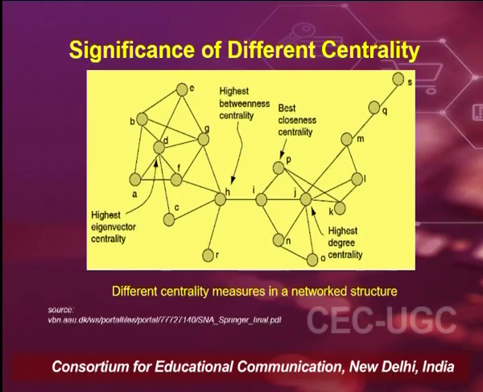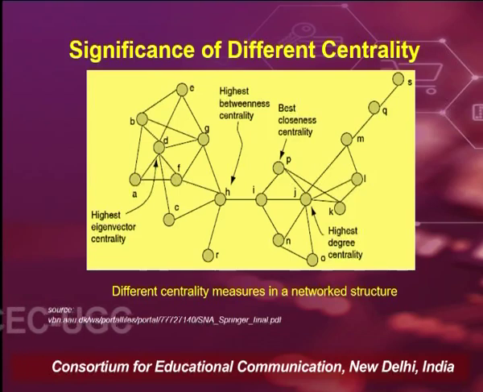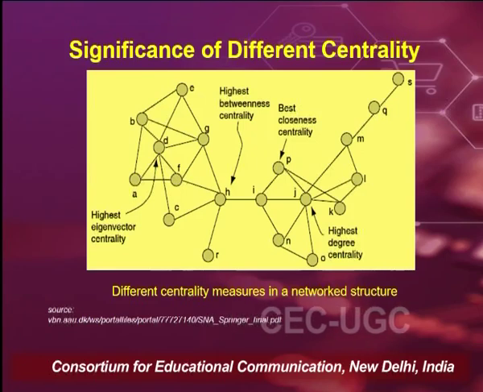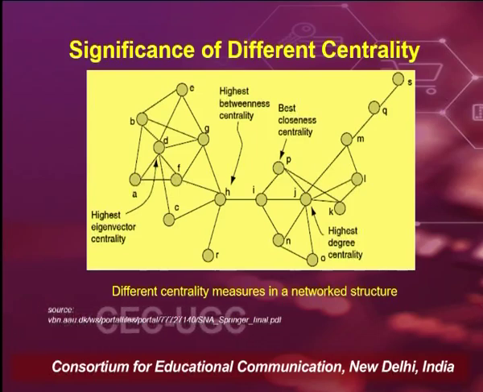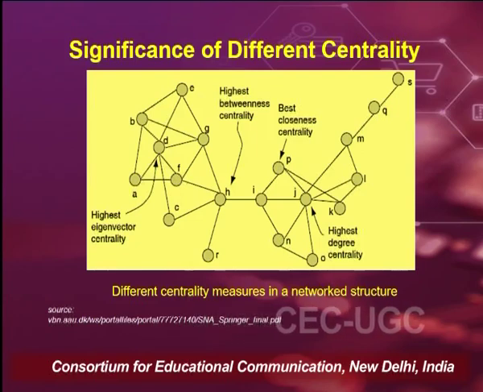Such nodes have better closeness centrality. Then there could be nodes with higher betweenness centrality, which act as bottleneck nodes or bridge nodes between two or more bigger networks. This way there are different centralities associated with a particular graph.